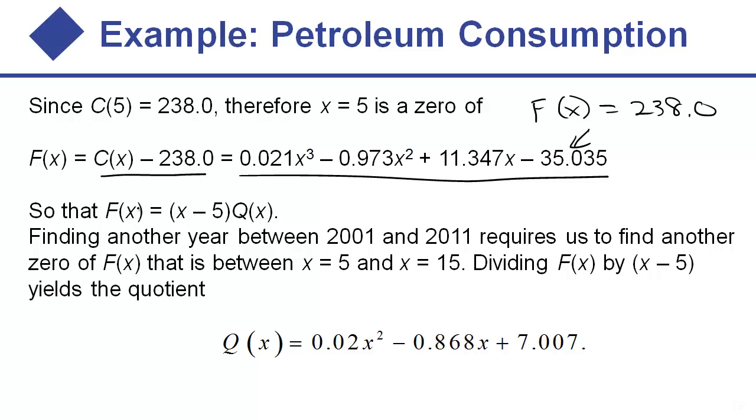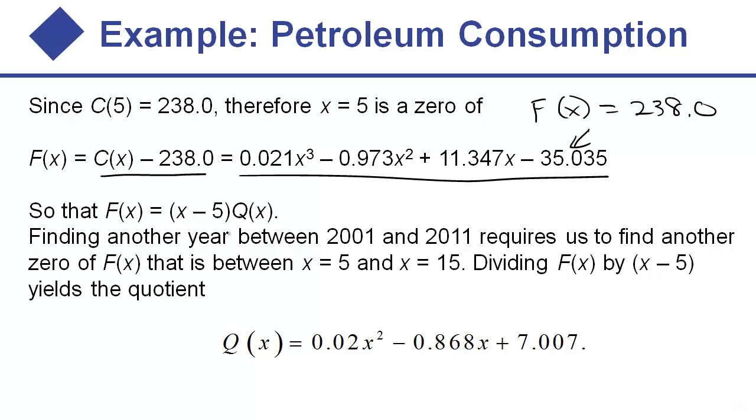And we now know that this polynomial is divisible by x minus 5, because we know that if we plug a 5 in here, it's going to equal 0, because before, when we plugged a 5 in, it equaled 238. And when we subtract 238 from it, it now equals 0. So this now becomes a 0 of this new augmented polynomial.